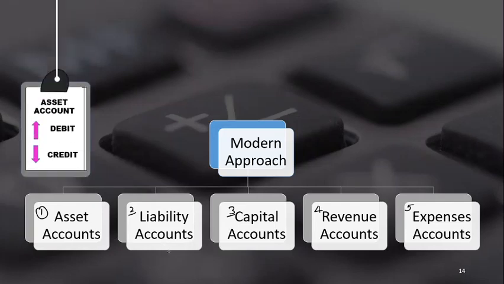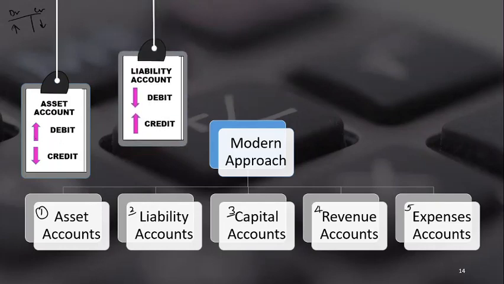For the asset, when there is an increase in the asset, it is to be debited. When there is a decrease in the asset, then it is to be credited. So when the asset increases in the firm, it is recorded on the debit side, and if the asset decreases in the firm, it is recorded on the credit side.